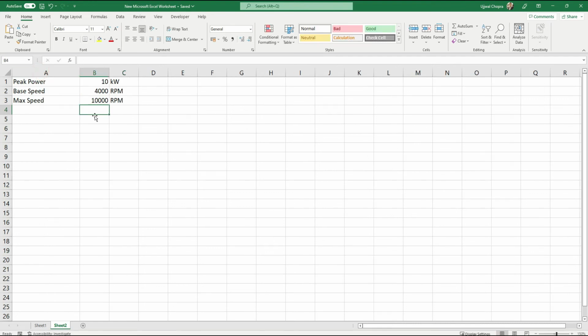We know these three quantities, and we need to create that curve which we saw in the previous few moments.